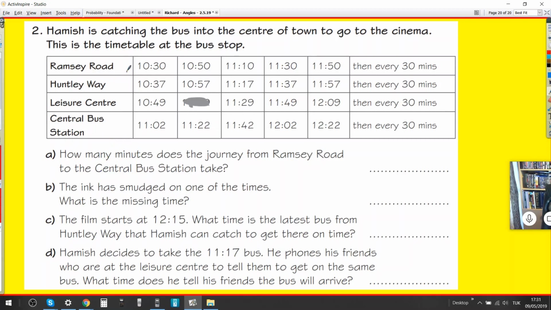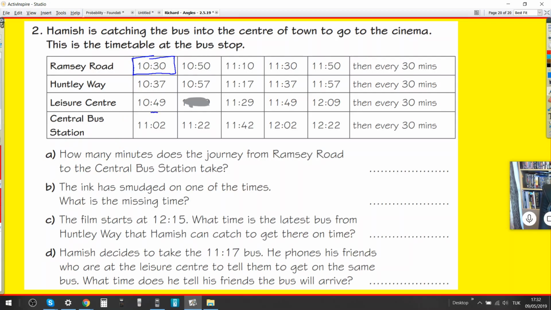It would take every 30 minutes. So, Ramsey Road 10:30.